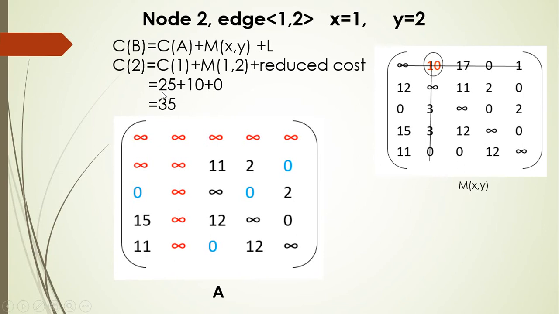Already we got this, the least cost for node 1 is 25. Here the direct cost from 1 to 2 is 10, and the reduced cost which we got previously for reducing the rows and columns is 0. So the total cost of this journey is 35, and we got this matrix after reducing rows and columns.